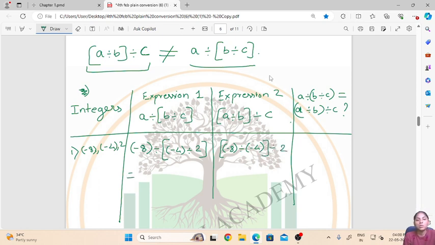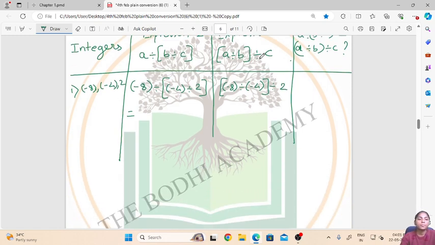So let us solve these two expressions. This -8 will remain as it is, divided by, we will get the answer as -2, because 2 2s are 4. Then further -8 divided by -2 we will get the answer as 4.